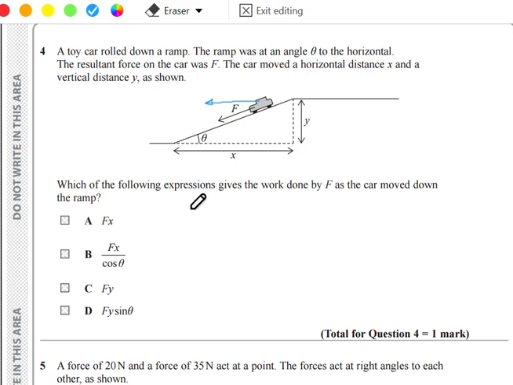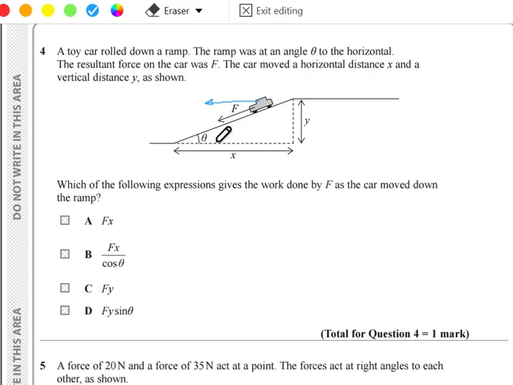So we should think about the distance in the direction of the force, which is the length of this hypotenuse, and this length can be given simply by the square root of x squared plus y squared. But again, when we multiply by F, there is no choice like that.